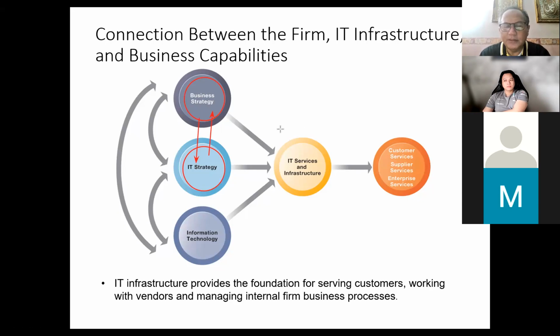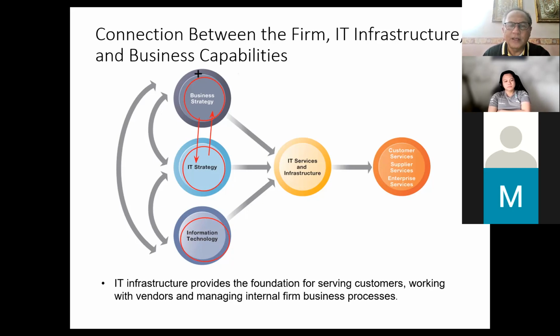With this IT strategy, we will also look at the technologies available in the market, and determine which of those are suitable to meet our IT strategy and our business strategy.